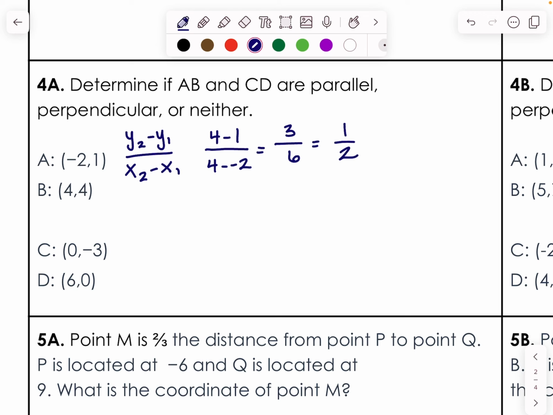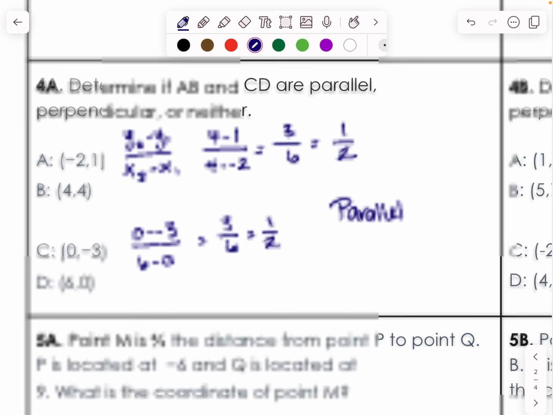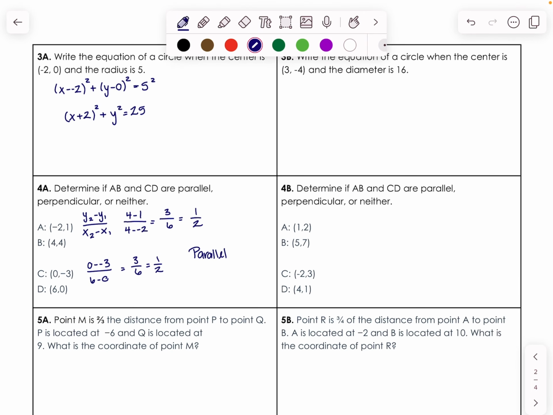Then I'm going to do the same thing down here. So I have 0 minus negative 3 over 6 minus 0. So I get 3 over 6, which also reduces to 1/2. Since it's the same slope, these are going to be parallel. Okay, then y'all would do 4B.